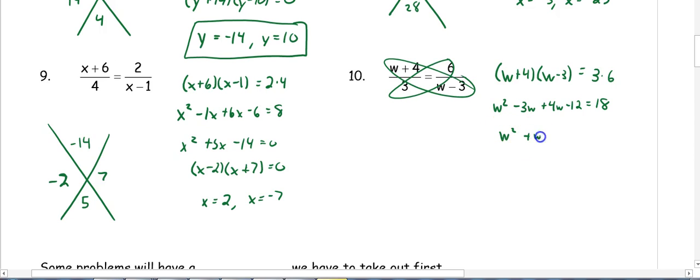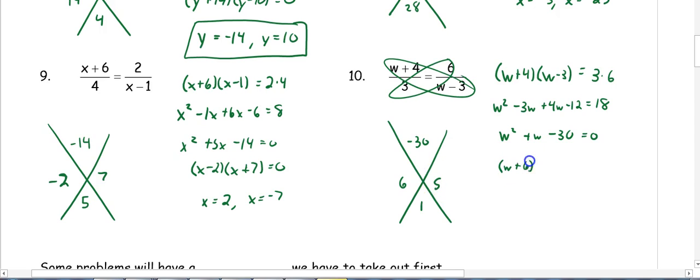W squared plus w minus 30 equals 0. So we need two numbers that multiply to negative 30 and add to 1. Those numbers are going to be 6 and 5. So we have w plus 6 and w minus 5 equals 0. So switch our signs. W is negative 6 and w is 5.